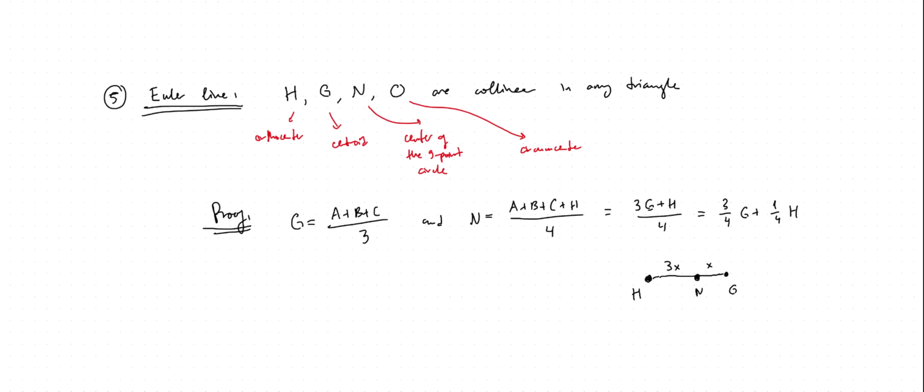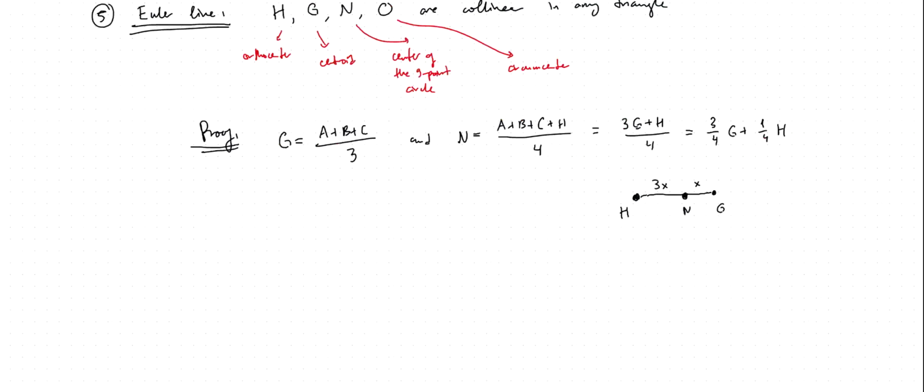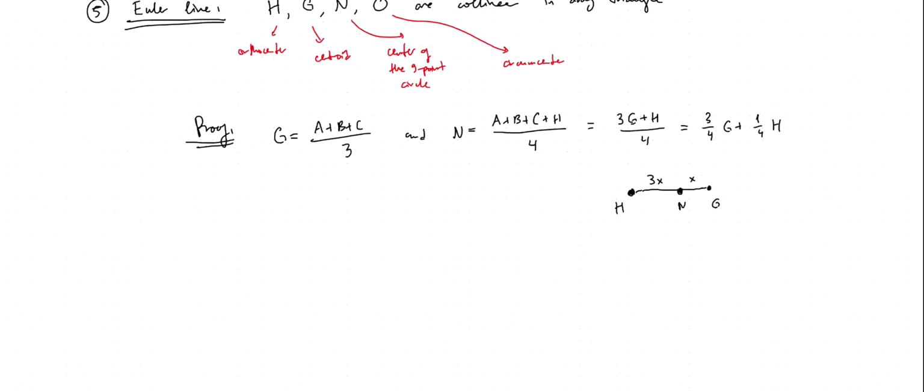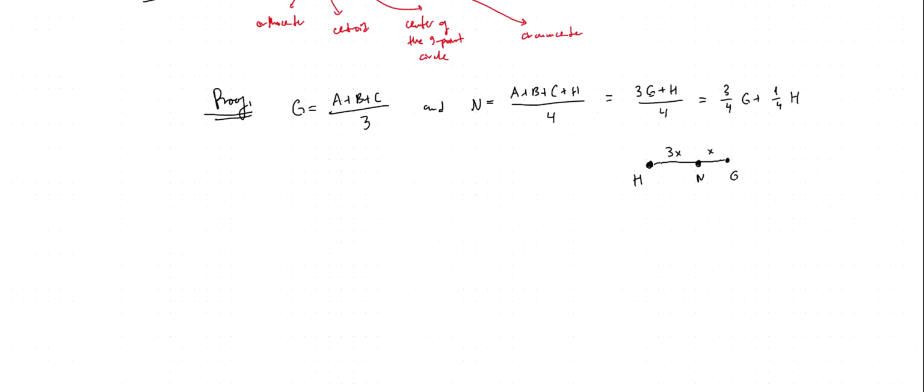So the center of the 9-point circle is between the orthocenter and the center of mass with this ratio. So how about the circumcenter? How do we know where the circumcenter is on this line? It is also situated with a precise ratio, you will see. But let me first draw a picture, and from the picture we can see maybe more easily.